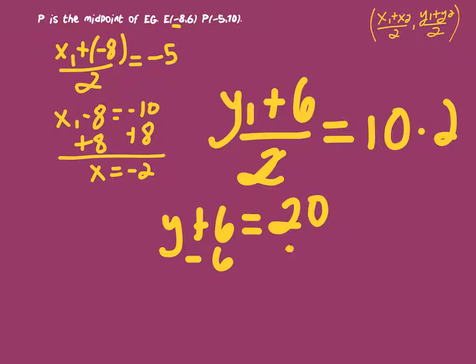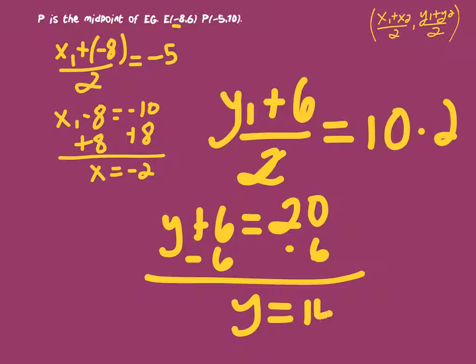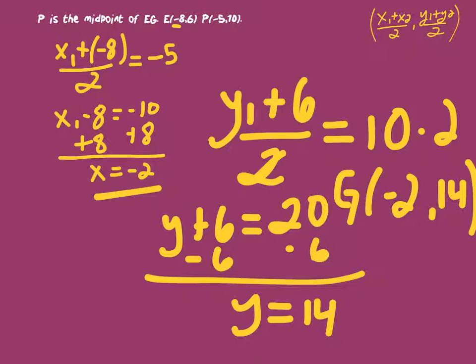Subtract 6, you get y equals 14. And so our answer, G, has the coordinates of negative 2 from our x over here and 14 for our y. If you got that, great.